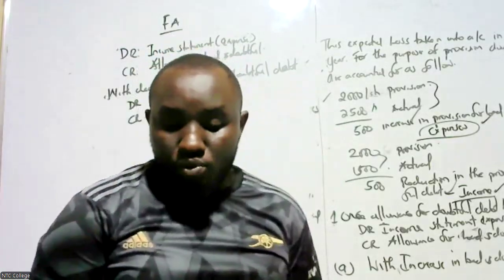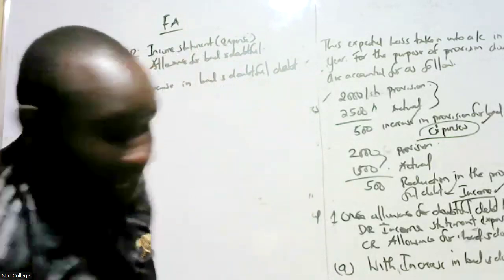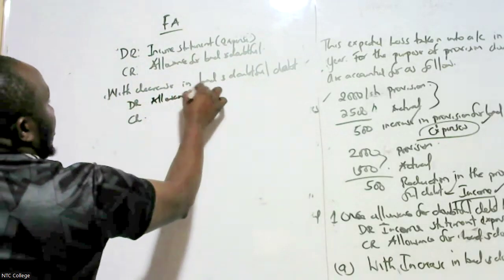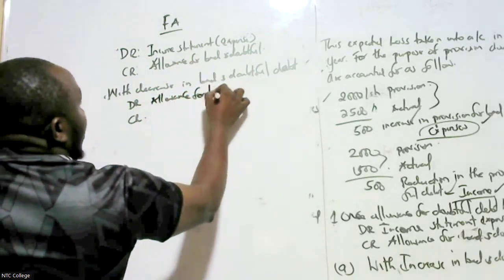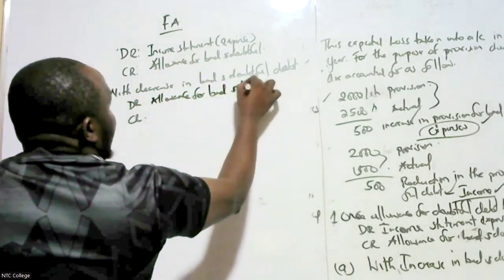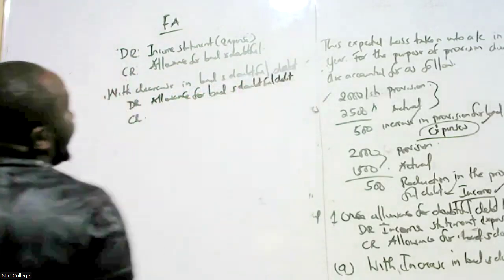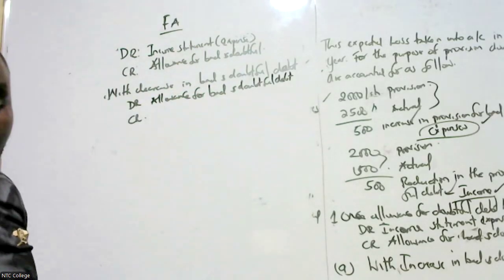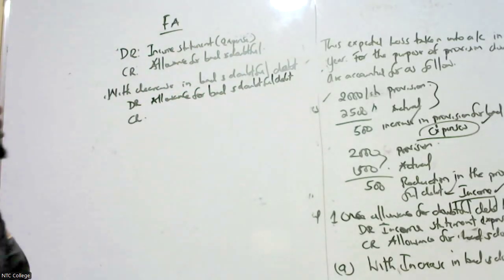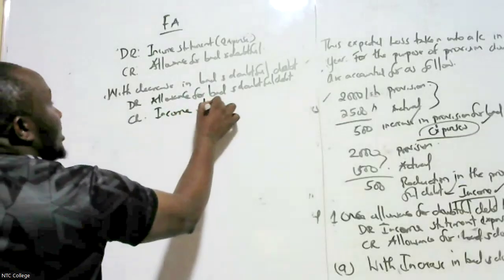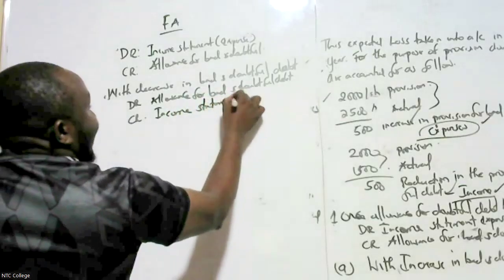If that is an income, we debit allowance for bad and doubtful debt, and then we credit the income statement because this is an income.